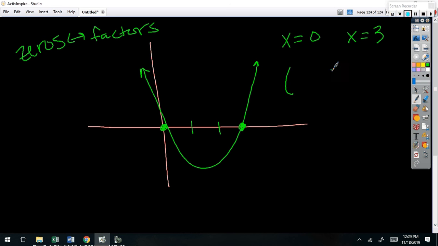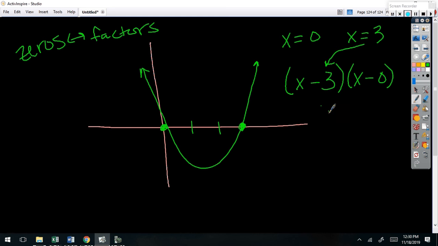So tell me one of the factors of this quadratic. Factor meaning like this. What is it? Somebody said it, I think. X minus 3. We're going to do this one first because it's easiest to see. Do you see why? Yeah. Right? That's a factor. What's the other factor? Which is just x, right?